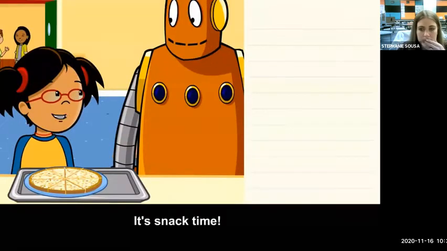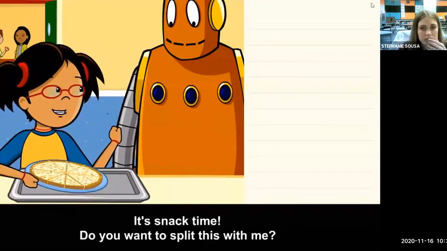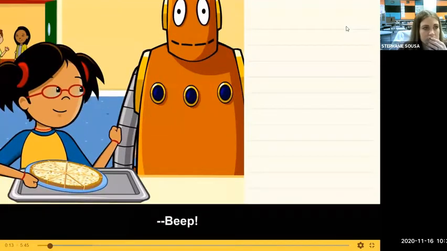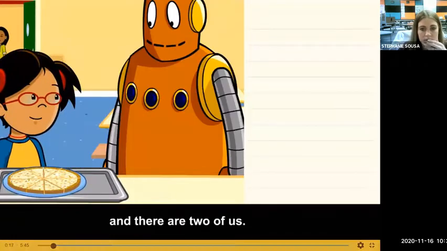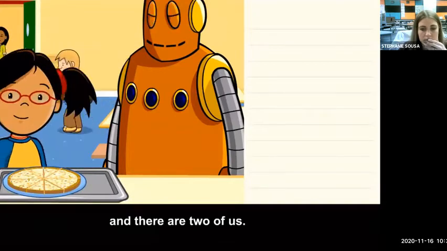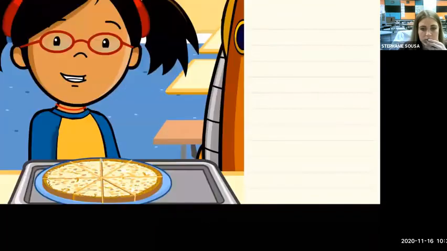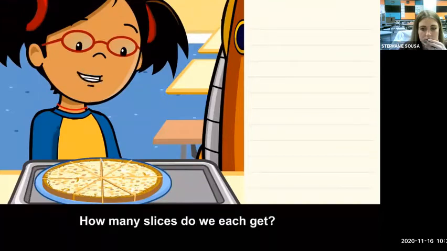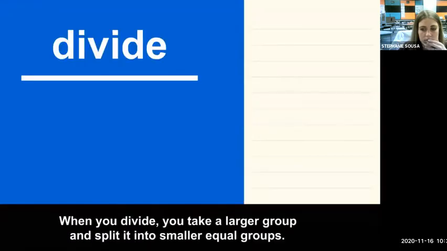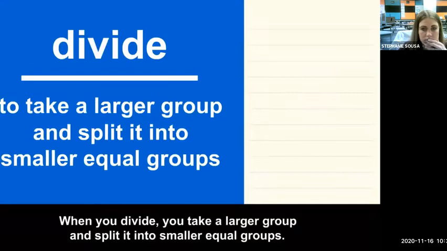It's snack time. Do you want to split this with me? There are 8 slices, and there are 2 of us. How many slices do we each get? When you divide, you take a larger group and split it into smaller equal groups.